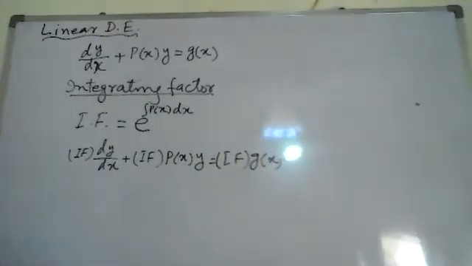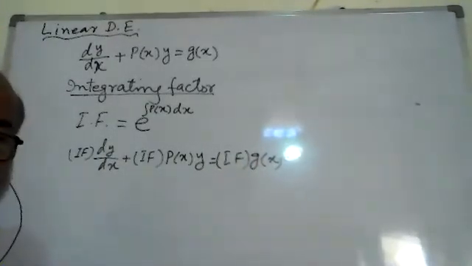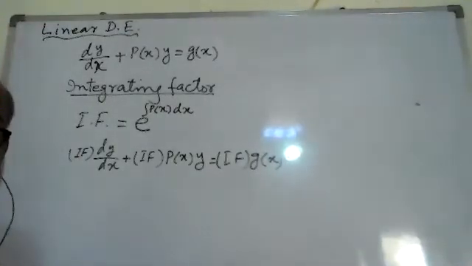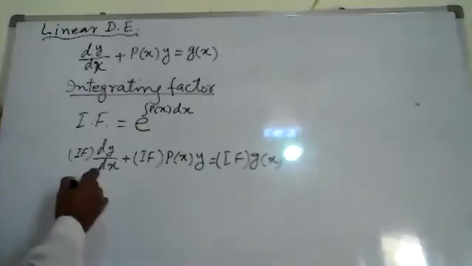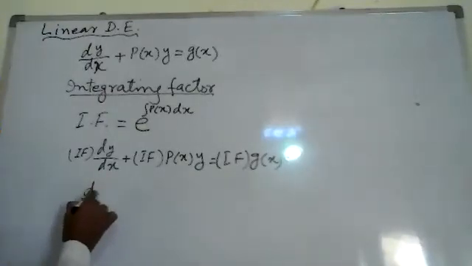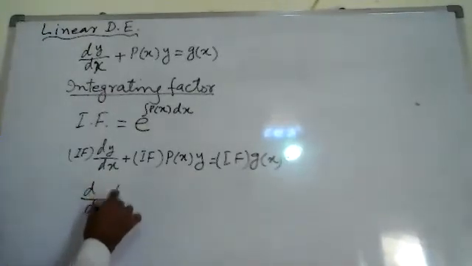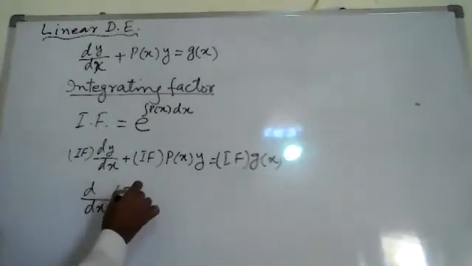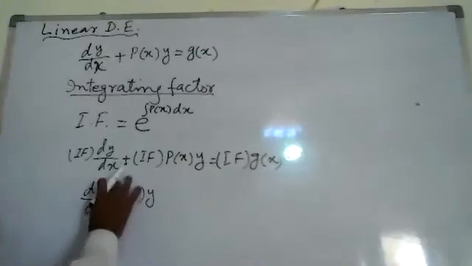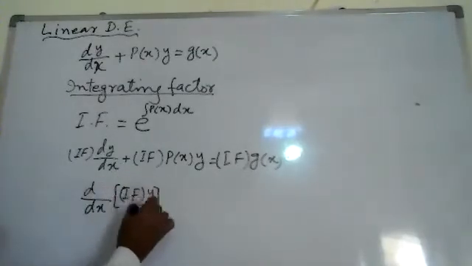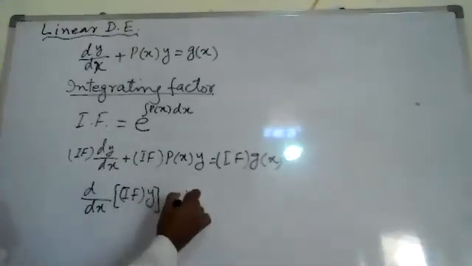The whole equation is multiplied with the integrating factor. So when we multiply this integrating factor, it will become actually the derivative of integrating factor into y, and that will remain as it is.